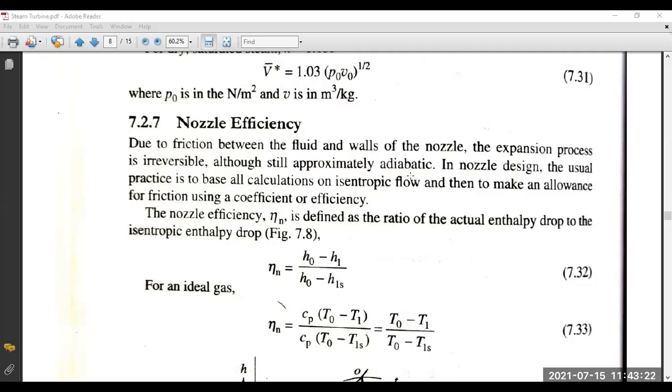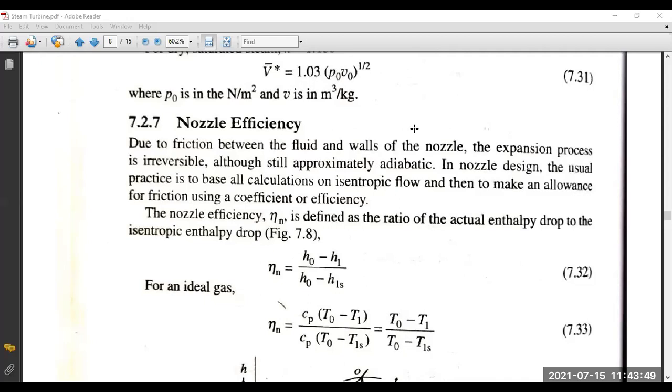So we take into consideration a certain loss in the enthalpy or energy of the fluid itself, and we make an allowance for this friction by taking into consideration a coefficient or efficiency.